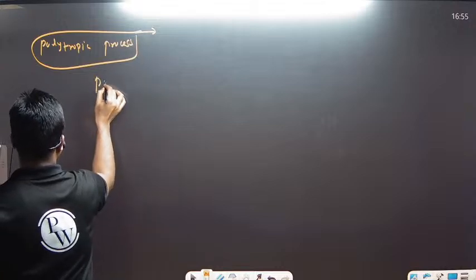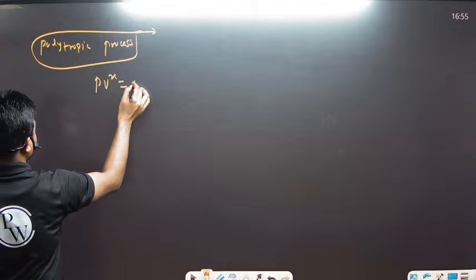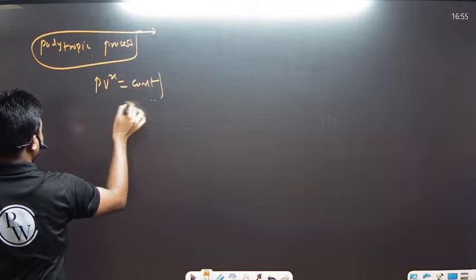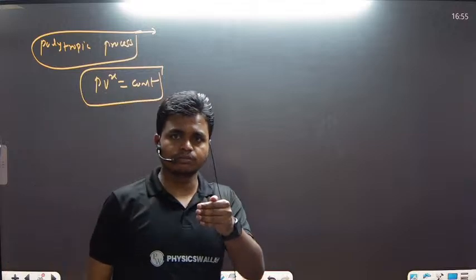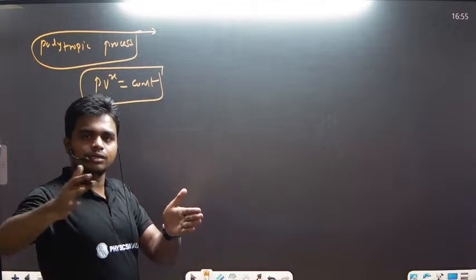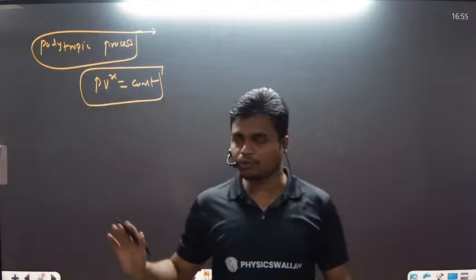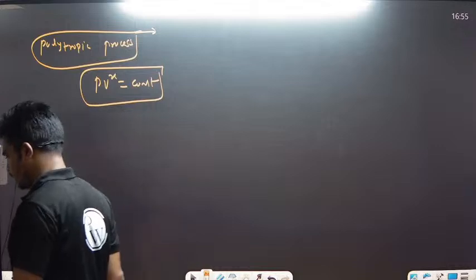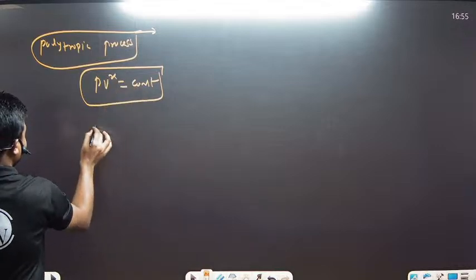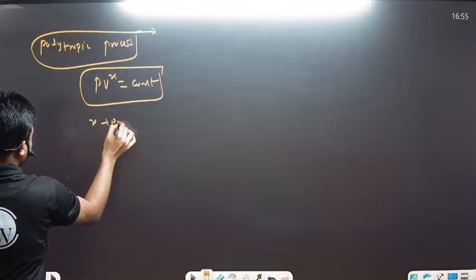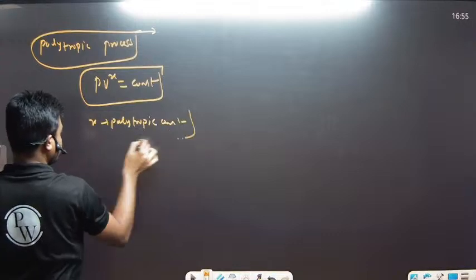Any slow process in which the pressure and temperature throughout the entire volume of the gas remain uniform is defined as a polytropic process, written as PV^x equals constant. Here x is the polytropic constant.